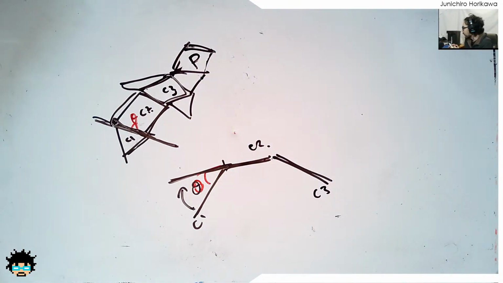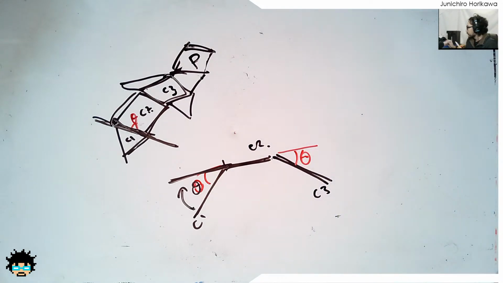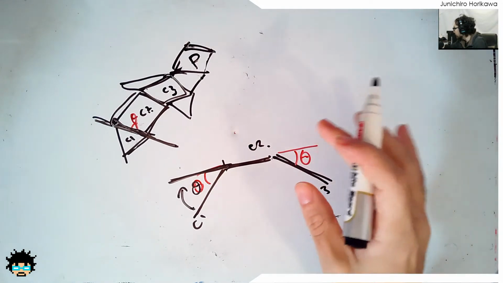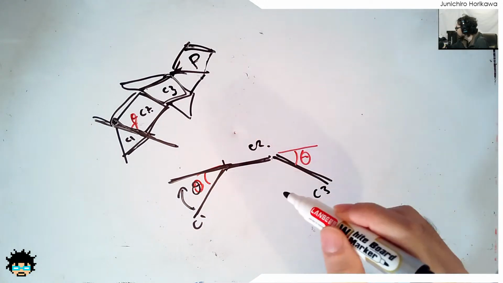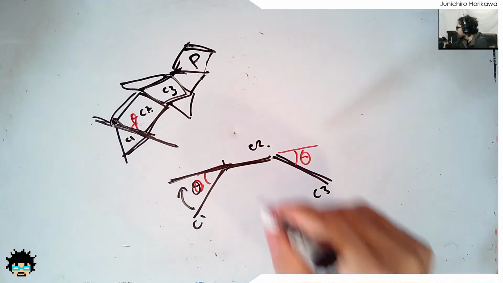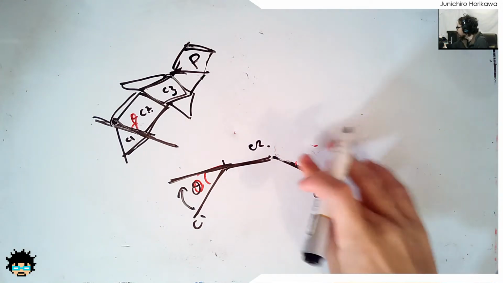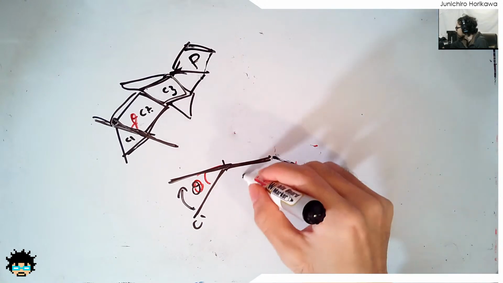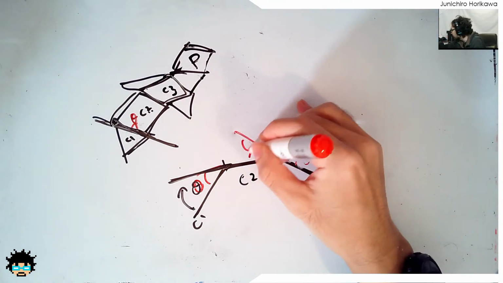And we have another angle here, like this. So what we need to do is to do similar things that I did here for the C2. But what's important here is that when we rotate, in this case we need to rotate the C2, so we need to use this angle here.